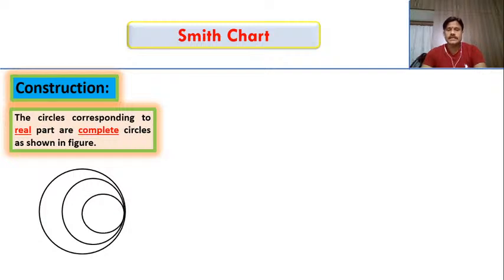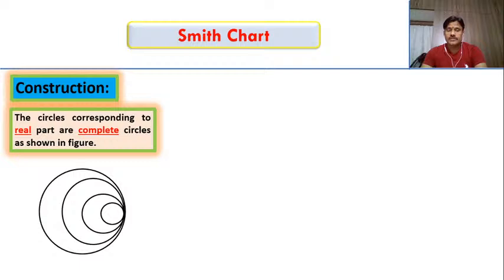All the circles coincide at the right hand side point. Please remember that the outermost circle has a radius of 1 unit.